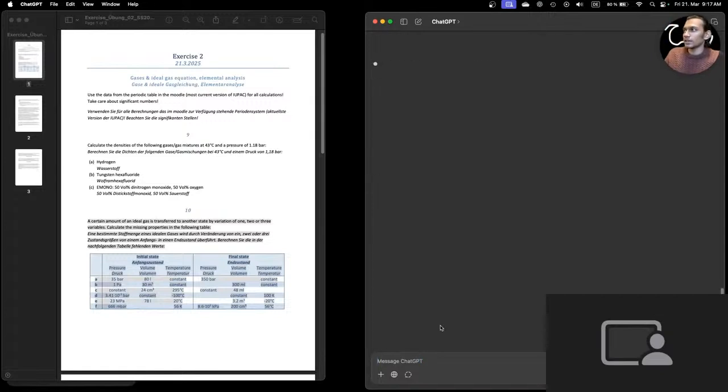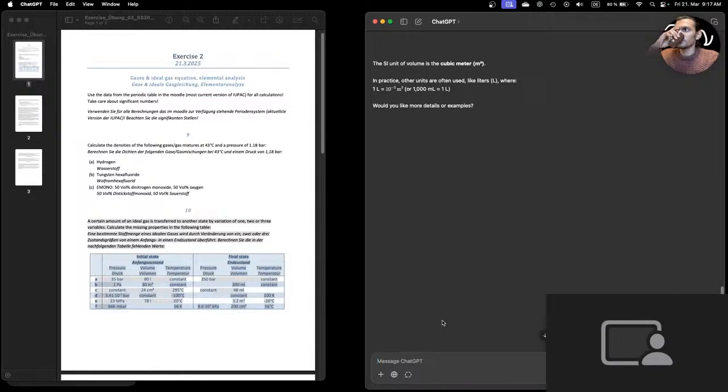The SI unit of volume: 80 liters converted to SI units is 80 into 10 raised to minus 3 cubic meters.